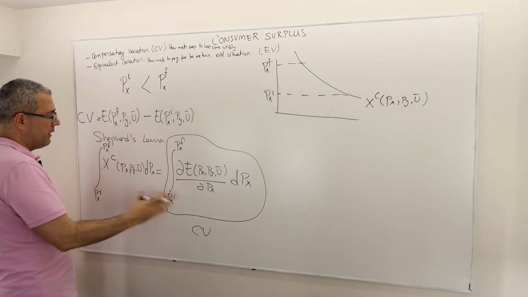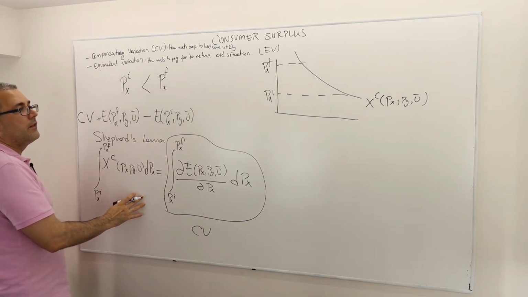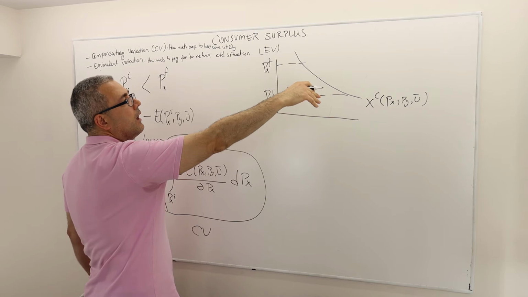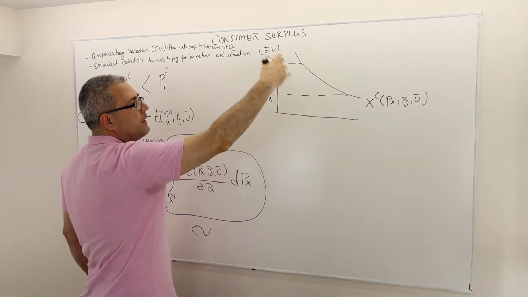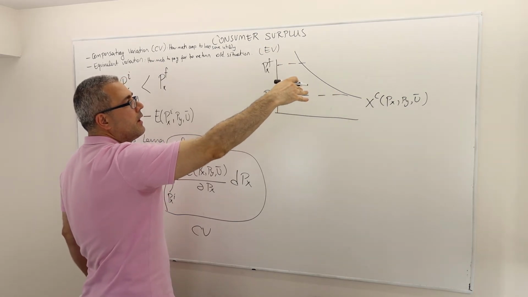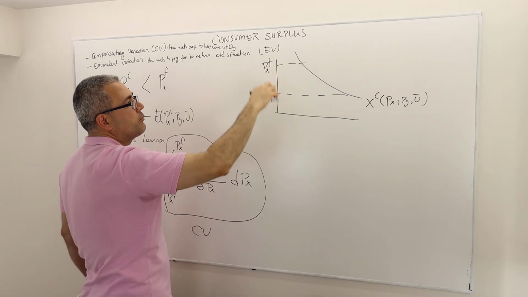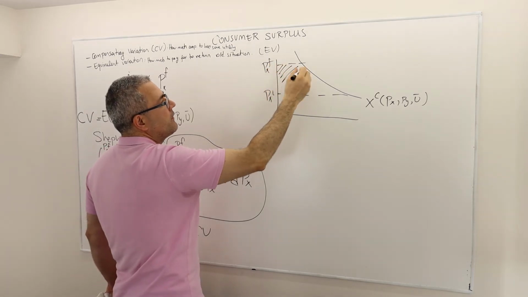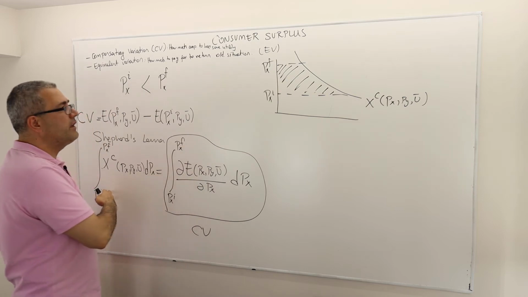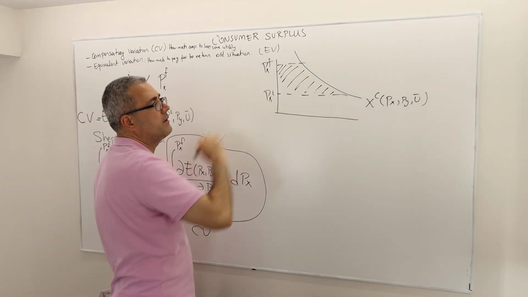And this amount of money should be equal to the area below his compensated demand curve, and between the initial price and the final price. So this area, right? If you remember the integral, this integral is nothing but this area.